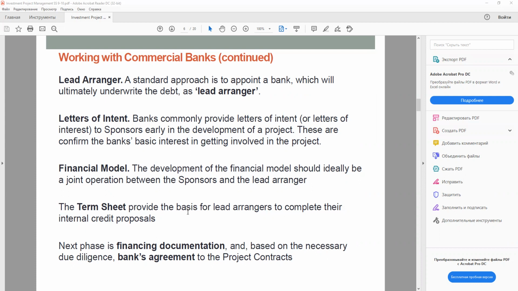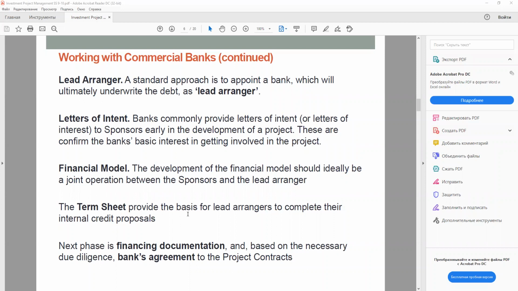Larger loans may require more than one bank to underwrite the financing. This has become more common since the crisis of 2008 as a result of pressures on the bank balance sheet and the decline in the syndication market, resulting in sponsors having to appoint several lead arrangers who will underwrite the debt on a club basis, which is in effect a pre-syndication of the loan.